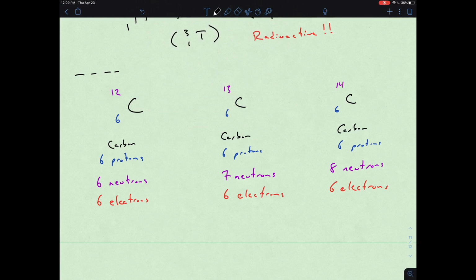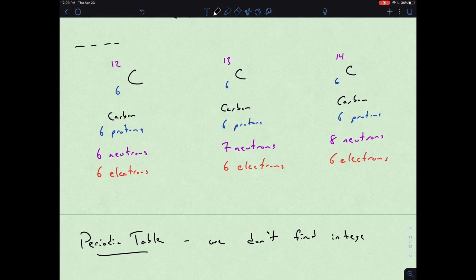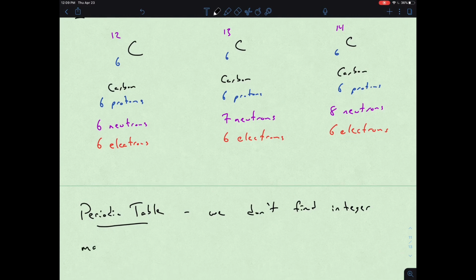If we look on the periodic table, we don't find integer masses for elements.